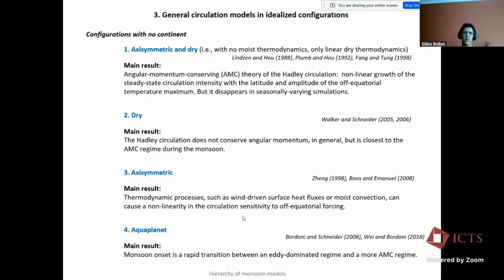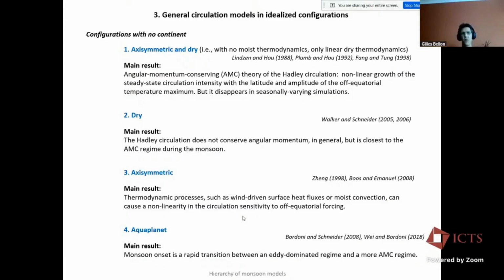I think that's something that we saw quite a bit in the last school. But you have this tradition of simulations without any moist thermodynamics, whether it's an axisymmetric model or just a full GCM.